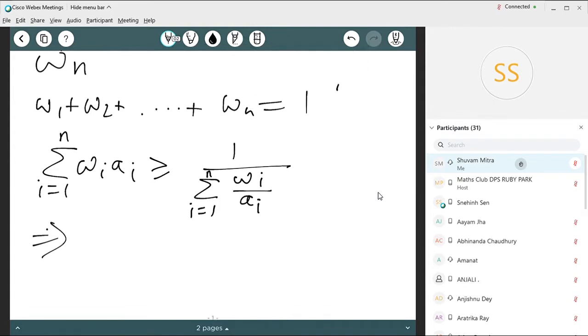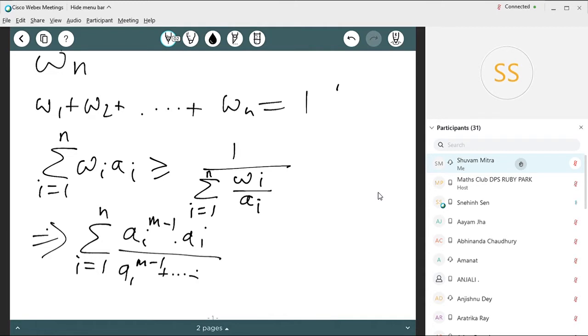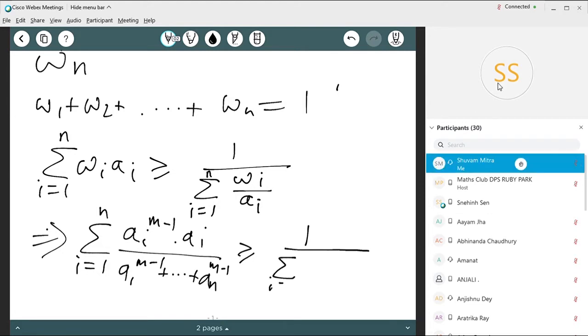So over here, the sum on the left hand side is basically the summation i equal to 1 to n of ai to the power m minus 1 times ai, divided by a1 to the power m minus 1 plus dot dot dot plus an to the power m minus 1. This is greater than or equal to 1 by the summation i equal to 1 to n of wi by ai.